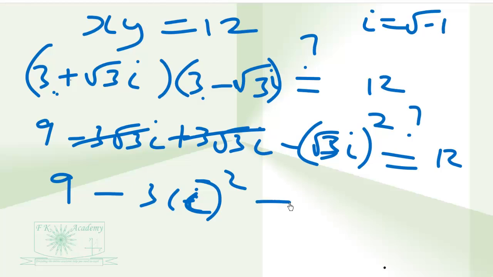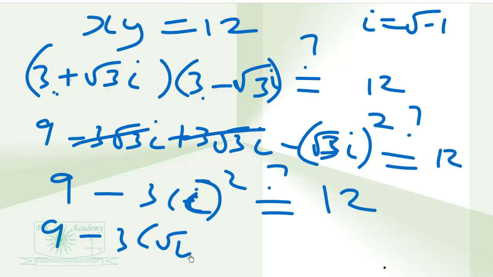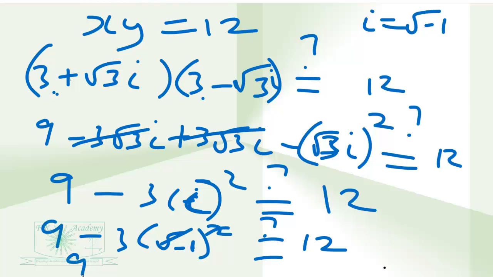So we have 9 minus 3 times root negative 1 squared. So this will get rid of this. Would that give us 12? So we have 9 minus negative 3, and that will give us 9 plus 3, which is giving us 12. So that is true. We have 12 is equal to 12.